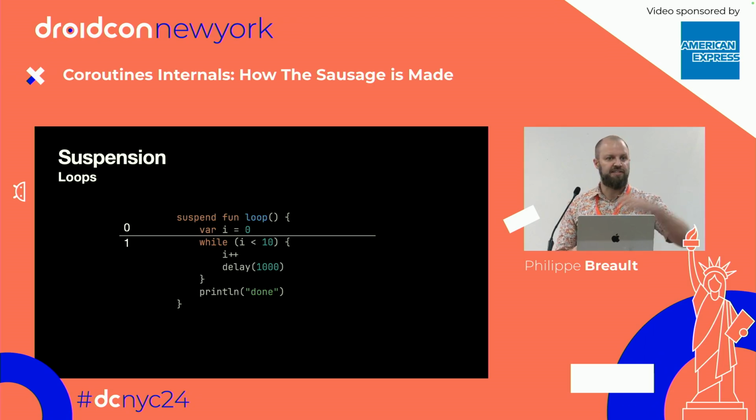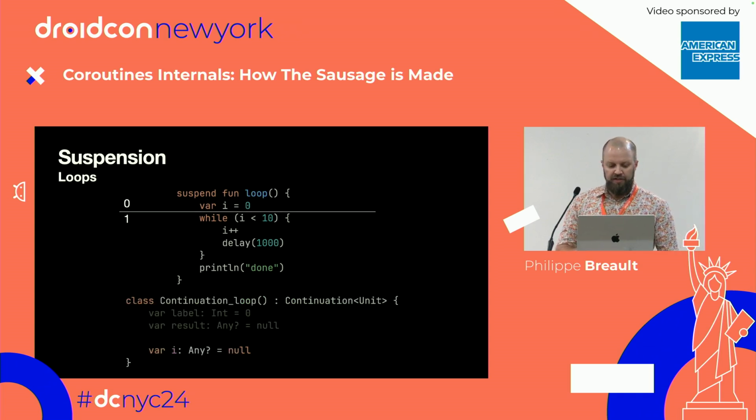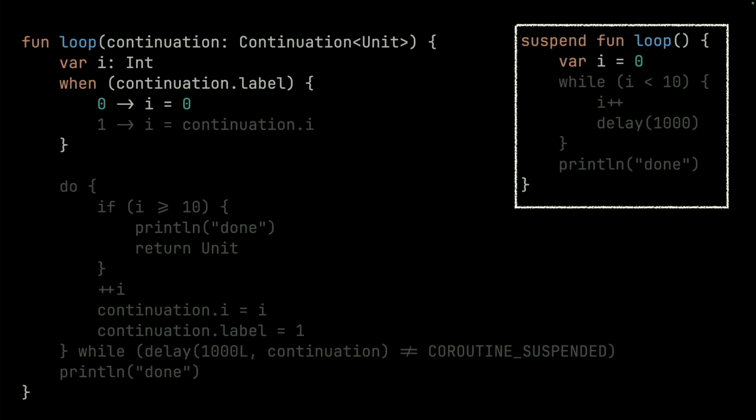The first one is going to be to assign our I variable for the loop, and the second one is going to be actually doing the looping. So the only thing we're going to need to store for this is going to be I. The code for this is a bit more complicated and harder to follow, so I'll do my best here.